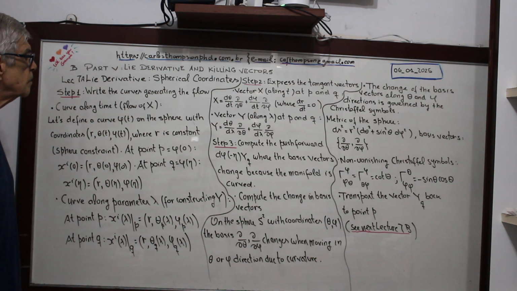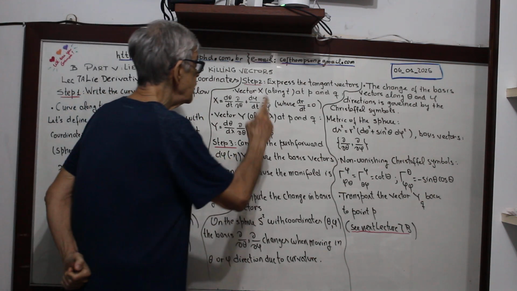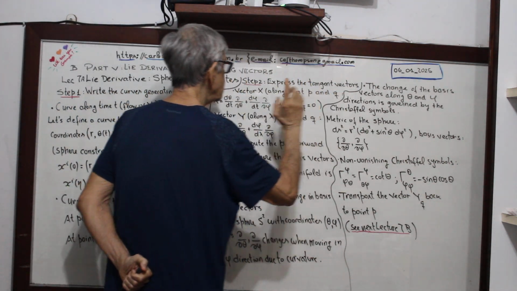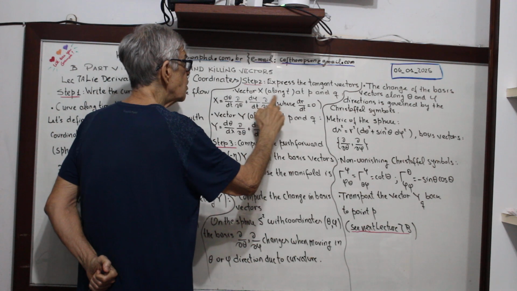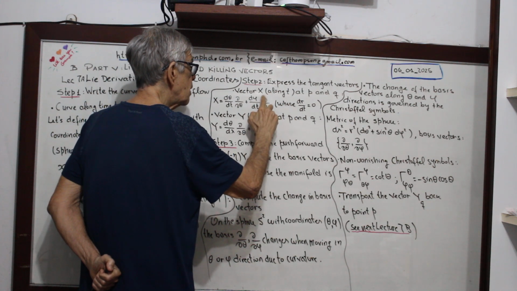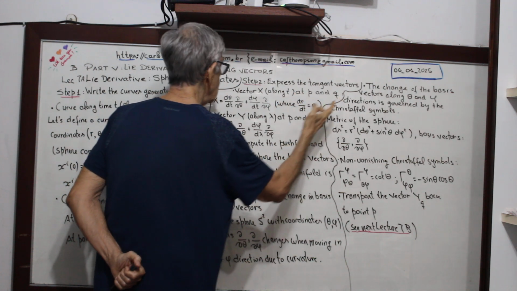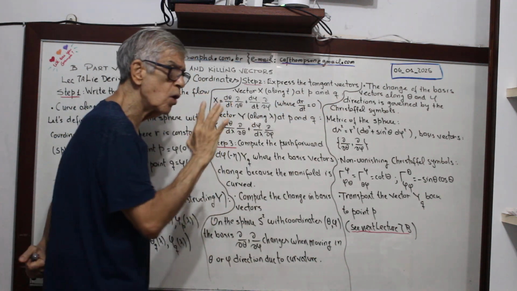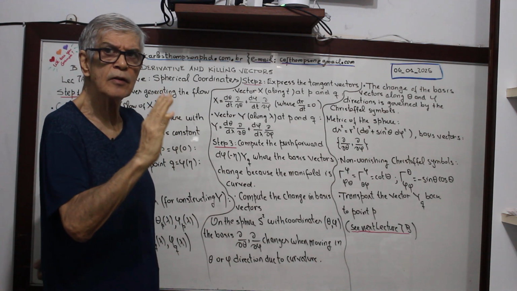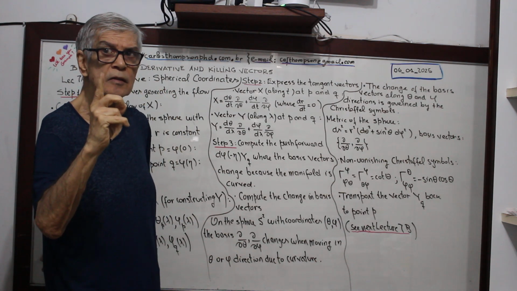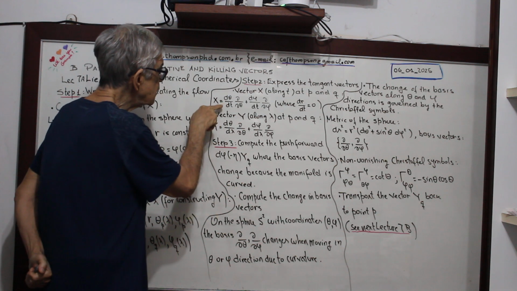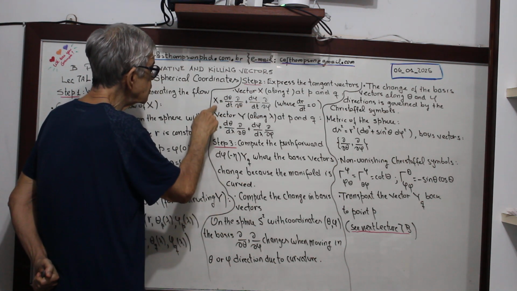Now, step 2: express the tangent vectors. Vector X along t, parameterized by t. Then at points P and Q the coordinates are r, theta, and phi, but r is constant. That's why it doesn't appear in this relation here.